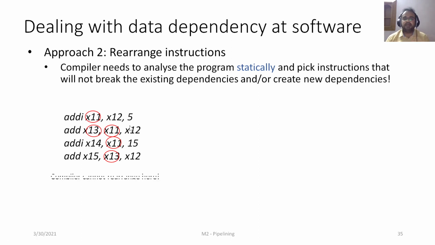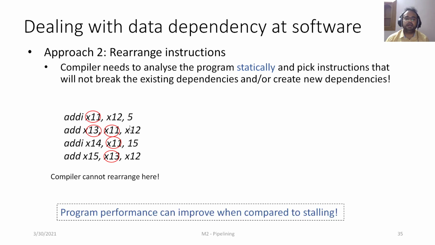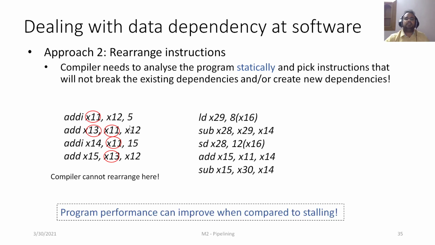So with this set of 4 instructions, nothing can be done by the compiler. So let's take another example. Let's take this sequence of instructions: LD x29, 8, x16; subtract x28, x29, x14; SD x28, 12, x16; add x15, x11, x14; subtract x15, x10, x14.